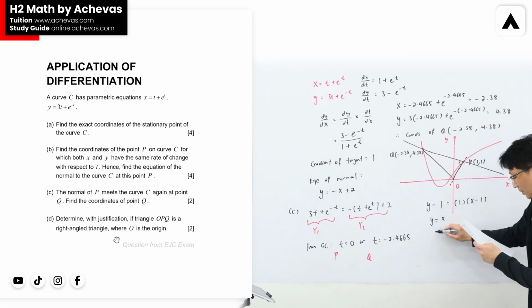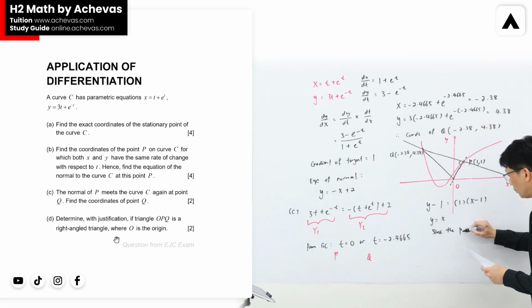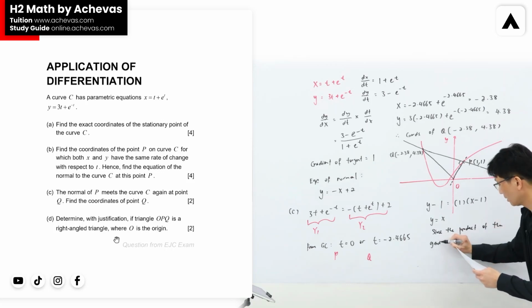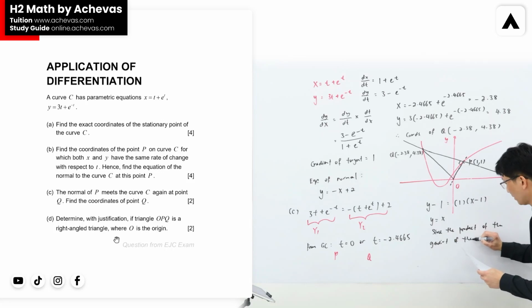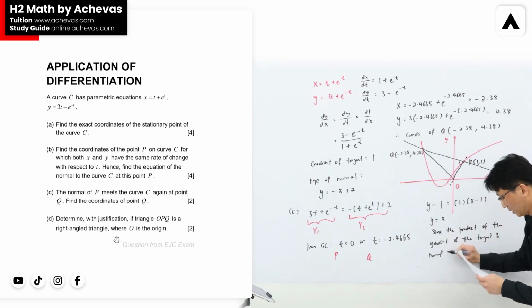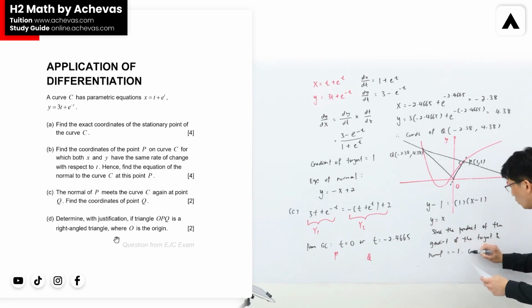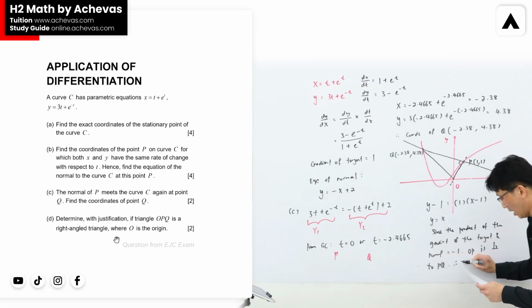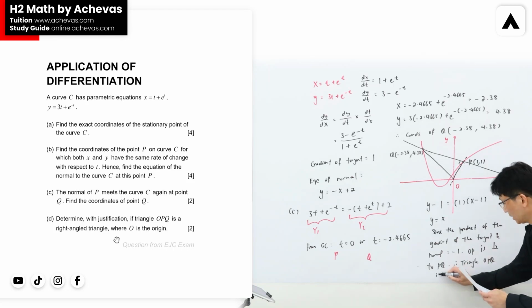Since the product of the gradient of the tangent and normal is equal to minus 1, OP is perpendicular to PQ. Therefore, our triangle OPQ is a right angle triangle.